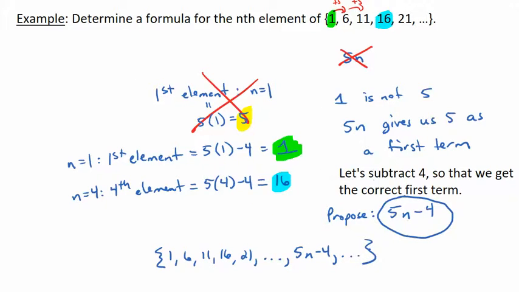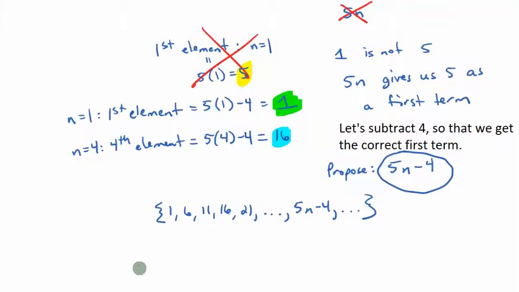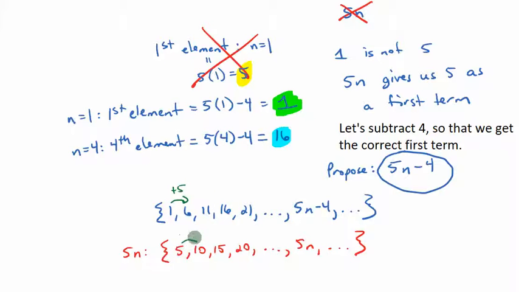So here's how to think about this. The 5n set looks like this. It's spaced by 5, but it also starts with 5. So look at this. The 5n set is here, and this one's very similar because they are both spaced by 5s.